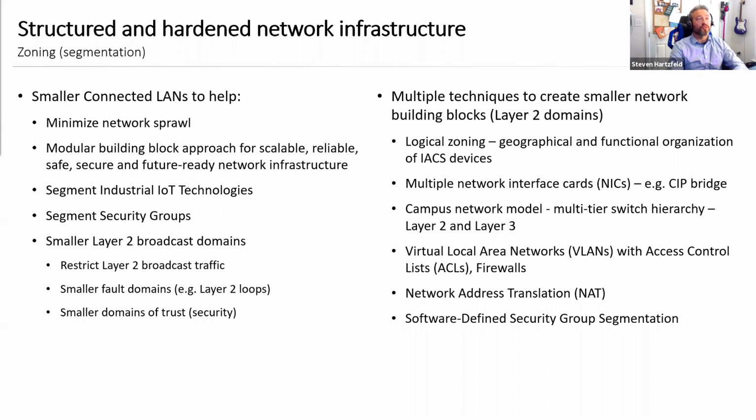VLANs, or virtual local area networks, with access control lists and firewalls are a very important strategy. And we might use NAT, or network address translation, where we have multiple identical machines, for example, or where we might want to only expose certain devices on a machine up to the larger plant network. And there are things that we can do now with software-defined networking group segmentation as well.